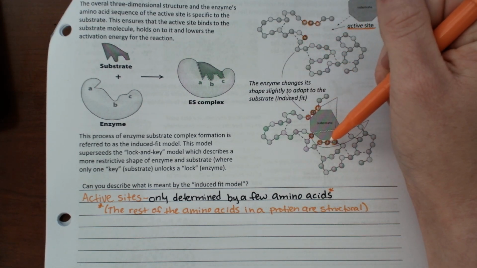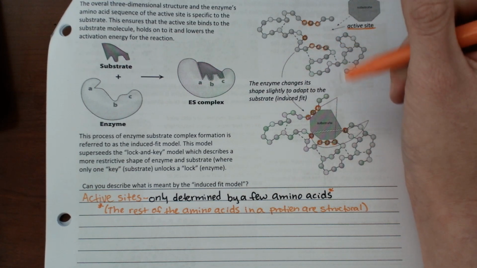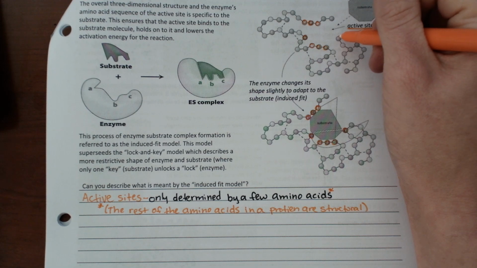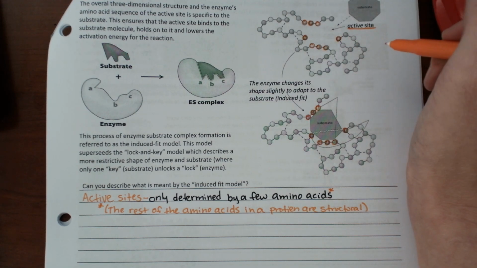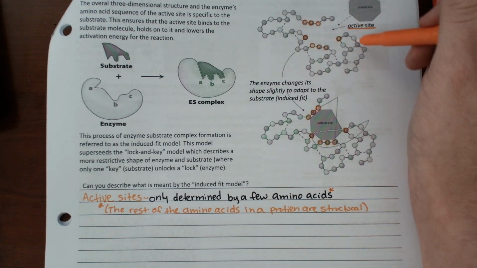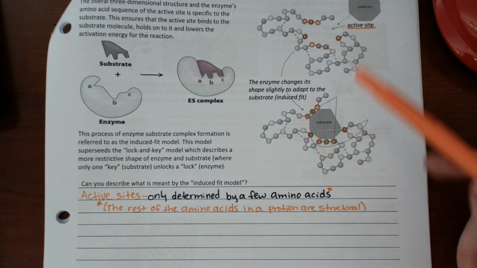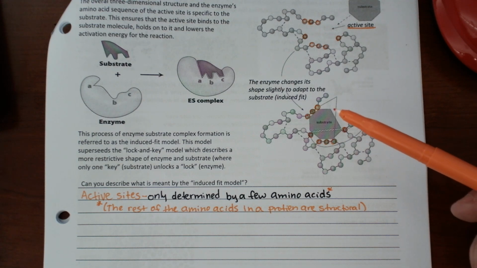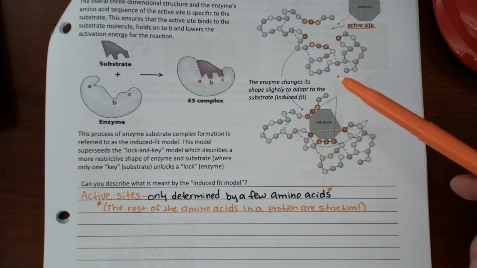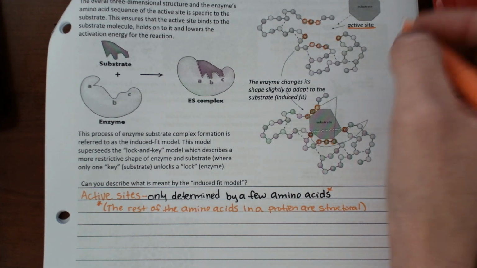And then 24, 25, 26, and then 41, which I think is this one. And so they change shape to be able to meet it, but they already have the correct chemical properties. And so it's like a chemical lock and key, but a structural key and Play-Doh lock. It's weird.